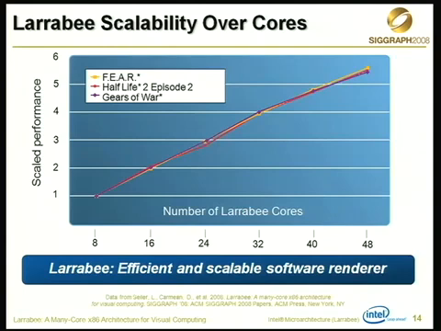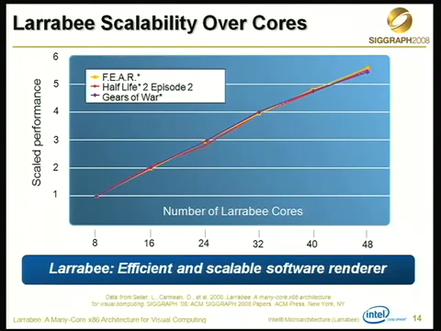So we looked at the data and we discovered that when you're running Fear, there turns out to be one really, really large vertex buffer. And when we were processing that, we started running out of work to assign to all the cores. So we turned on a feature that we'd already implemented, which was to take large vertex buffers and just split them up into 200 vertex sections. Then those multiple sections are able to be processed in parallel in the front end, and the result was it scales as you see here.